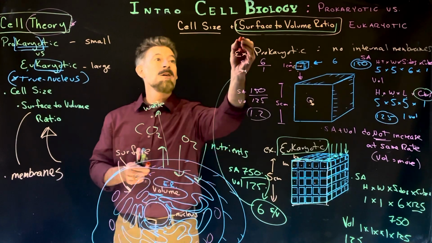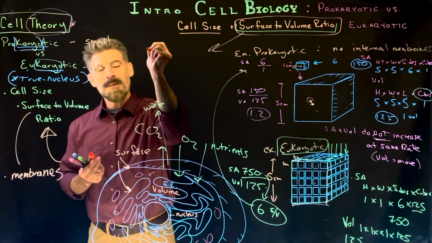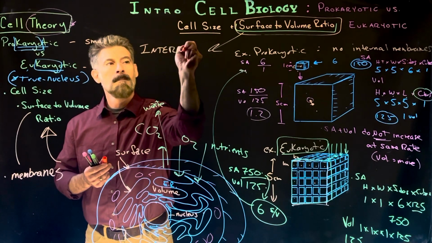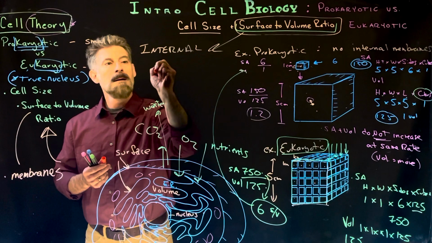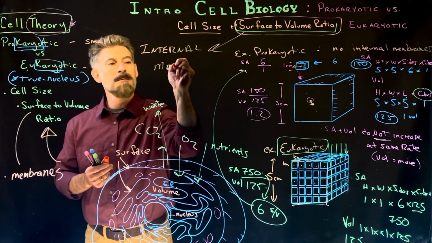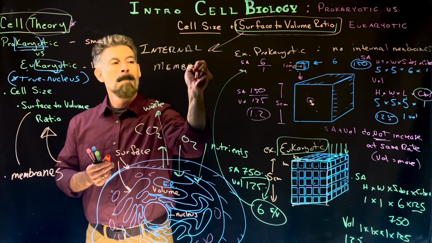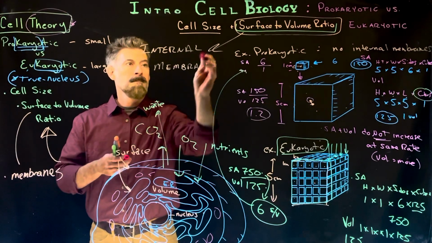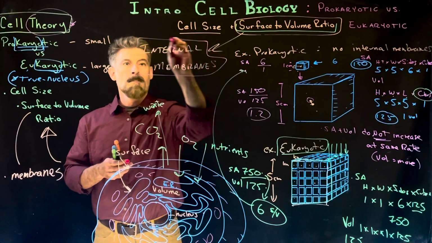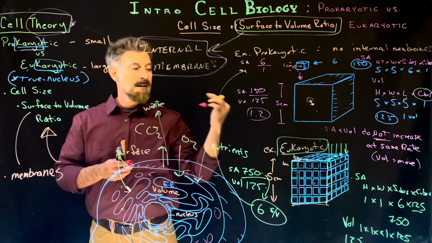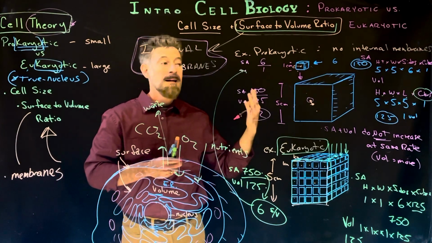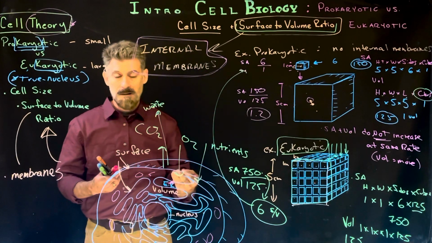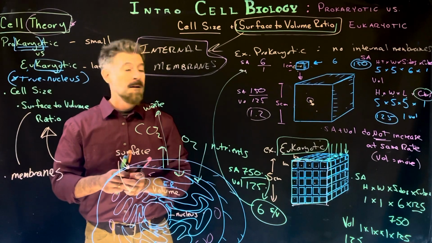So the key to surface to volume ratio in eukaryotic cells is that eukaryotic cells have internal membranes. Internal membranes increase the surface area. Increased surface area increases efficiency of the cells. Efficiency for what? For everything.